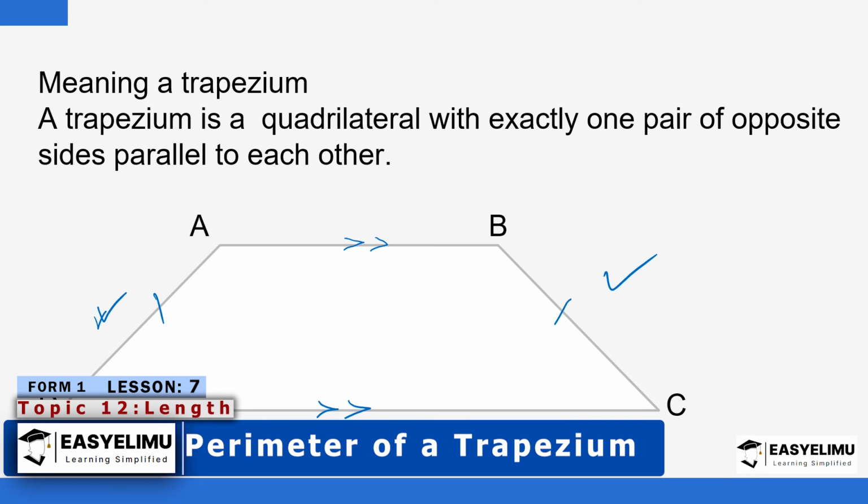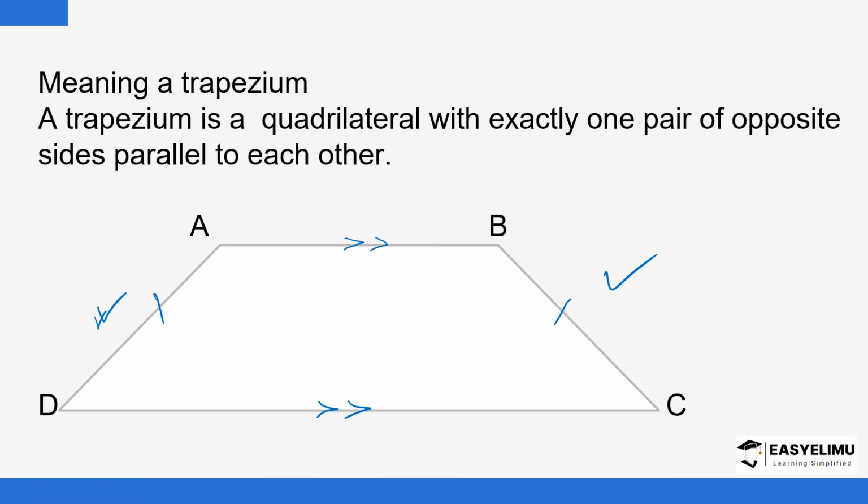So this is what a trapezium is, and if you are to work out the perimeter of this, the perimeter will be equal to the length AB, add the length BC, add the length CD, and add the length DA.